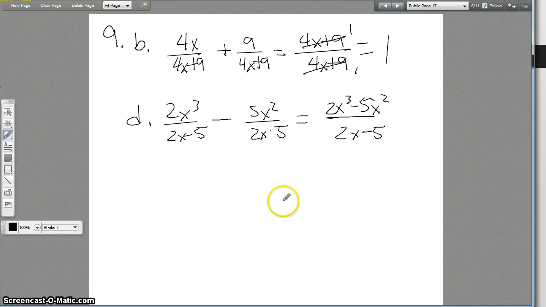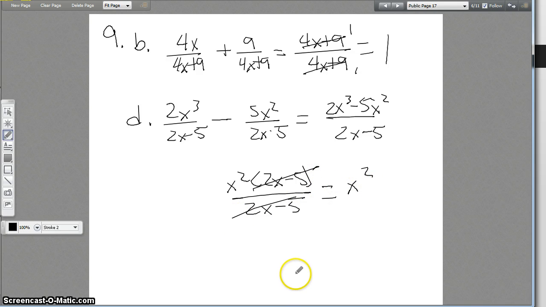We can pull out the x² so that we have x² times (2x - 5) over 2x - 5. The 2x - 5 cancels, and we end up with just x². So that was number 9, which is just like number 15. You do have to simplify your answer, but for the last problem, number 15, everything is already in common denominators.